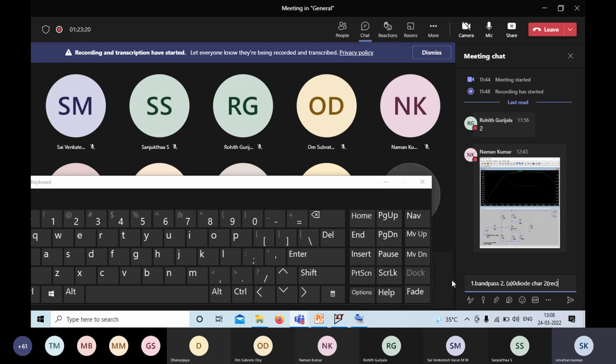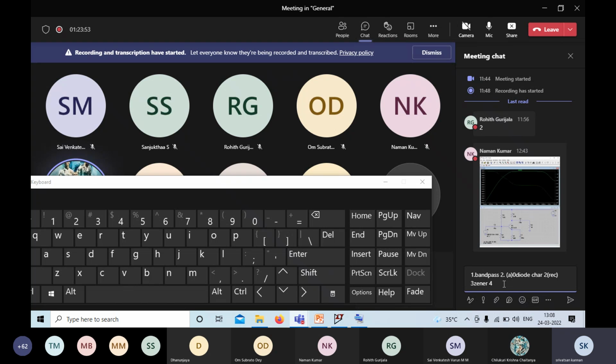Second B is rectifiers. And third is, what was the third experiment? Zener diode. Line regulation and load regulation.